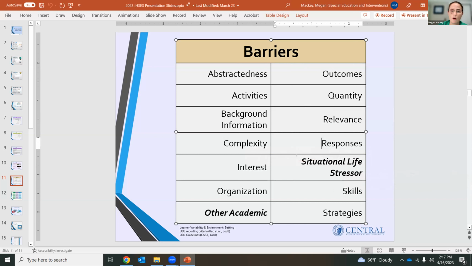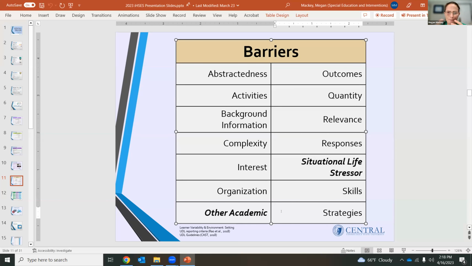So we gave them 12 barriers to think about a situation and then apply, and then say, okay, this is an example of I didn't have the background information. But when we did our analysis, we created two other categories. Situational life stressors were things like a family member being sick and their mind was somewhere else, significant anxiety, or financial concerns.